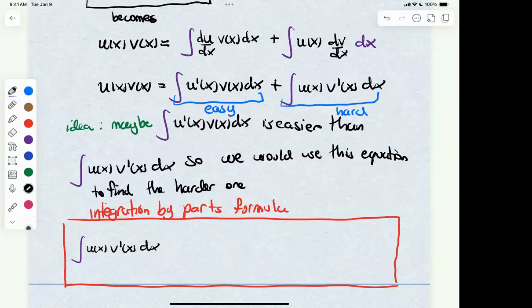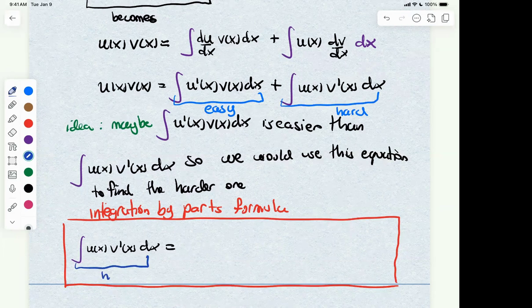So what the integration by parts formula says is that the hard integral, the difficult integral to find, would be u of x times v of x minus the easy integral.